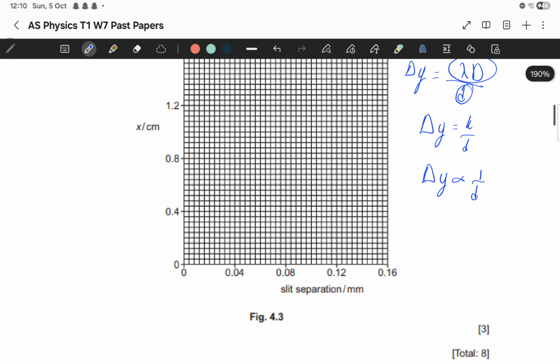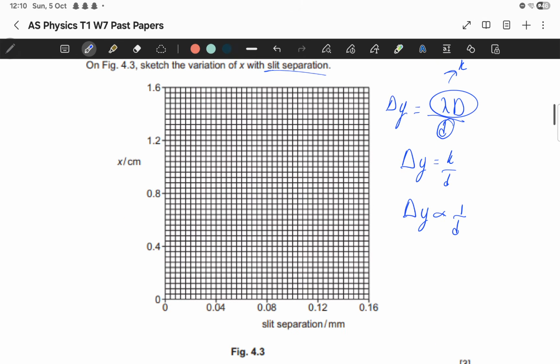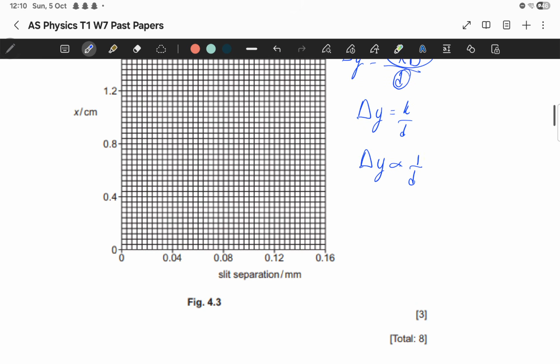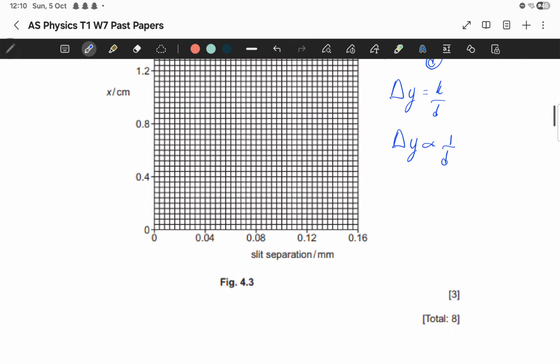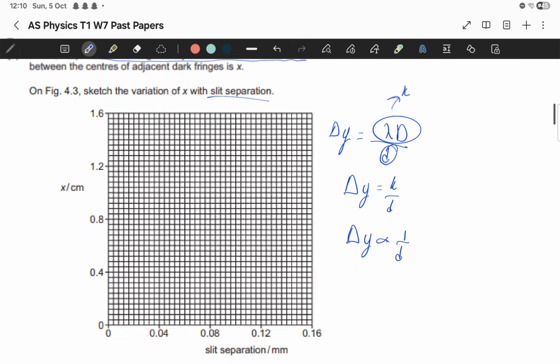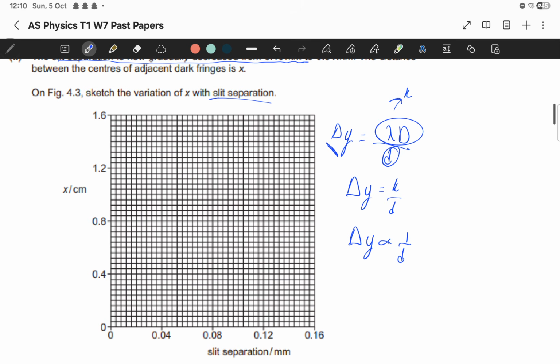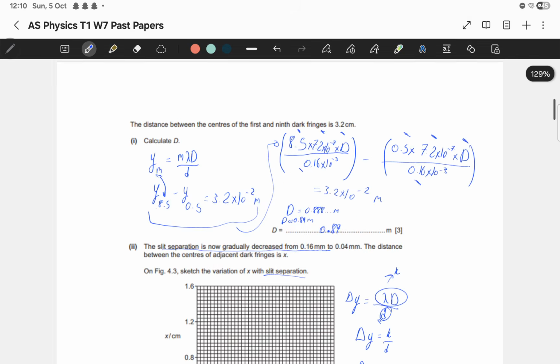I technically just need one value, and the easiest value for me will be 0.04. If I find the fringe separation at a slit separation of 0.04, it's very, very easy. So we're going to plug in 0.04 for d in lambda D over d.